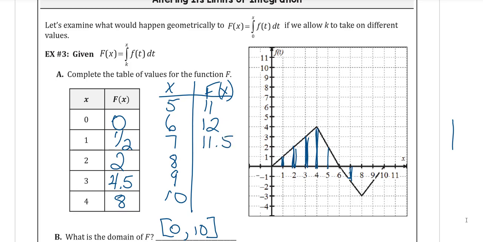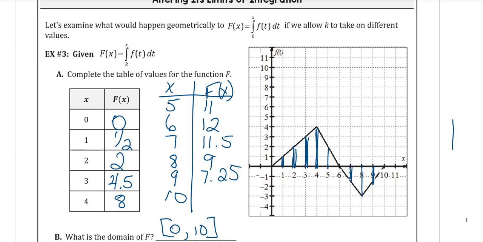And then at 8 I am going to subtract off that little trapezoid, and that leaves me with 9 at 8. Then at 9 I have another trapezoid right there, and that area leaves me at 7.25.